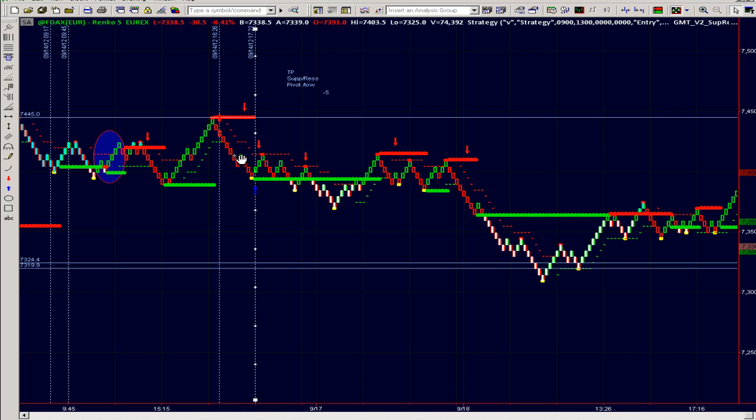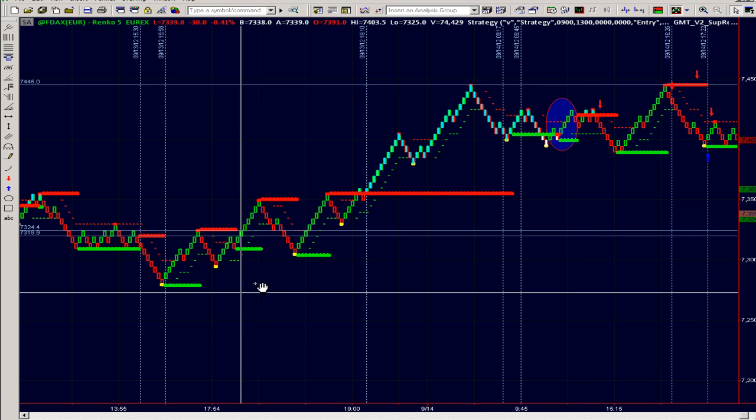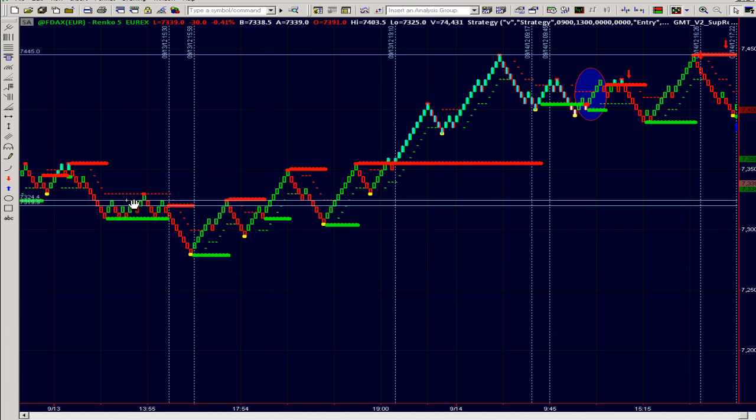But then, because you're now in this kind of cyclical type movement, you'll be taking a long here, and then obviously you would have got stopped out down here. But this is what happens, and you can get periods where there are great little runs here, and let's look at them. Here's where we get a nice little short, then we get the long, then we get a corresponding short here, then a corresponding long there.